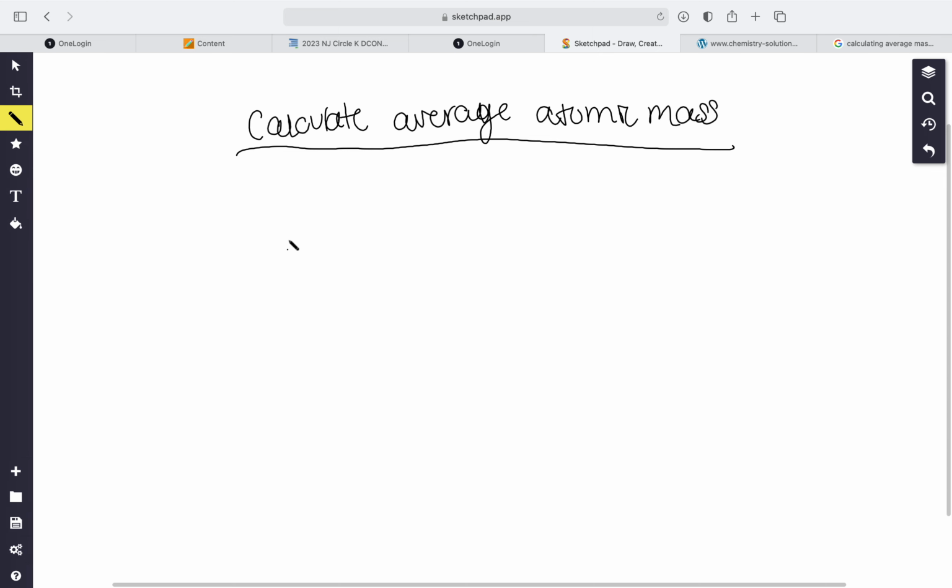So let's talk about why we calculate the average atomic mass. The reason is that there are things called isotopes.